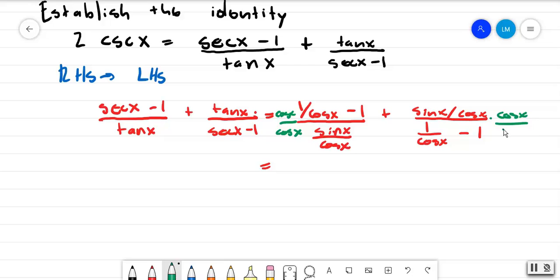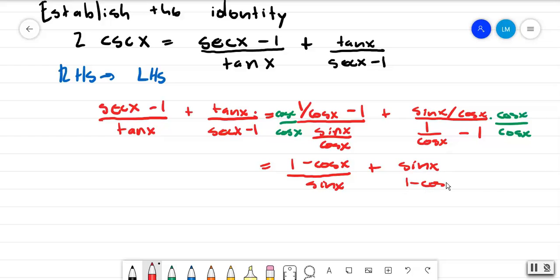Basically, this is going to give me 1 minus cosine of x divided by sine of x. Furthermore, this is also going to give me plus sine of x, and then I have 1 minus cosine of x, and this is all divided.